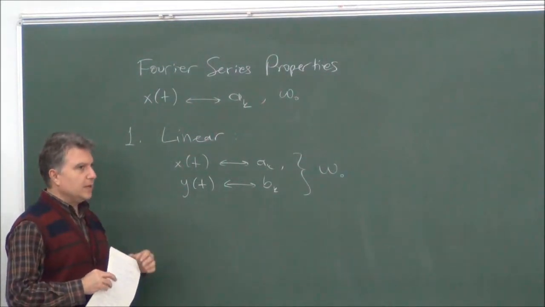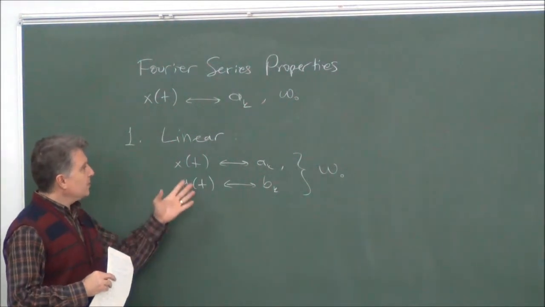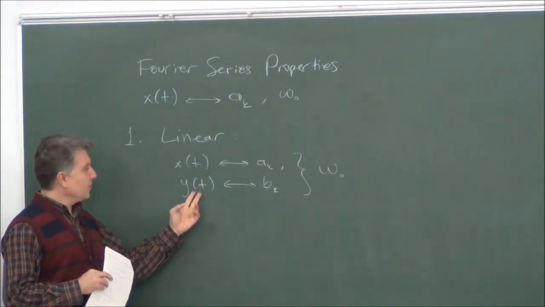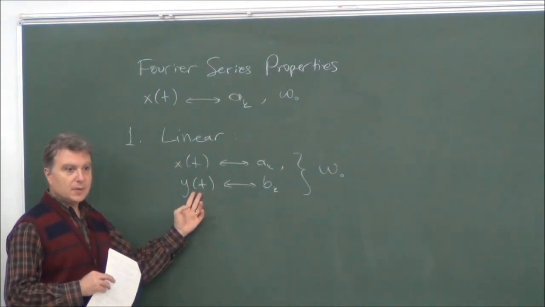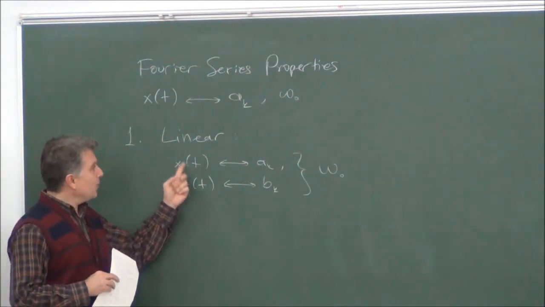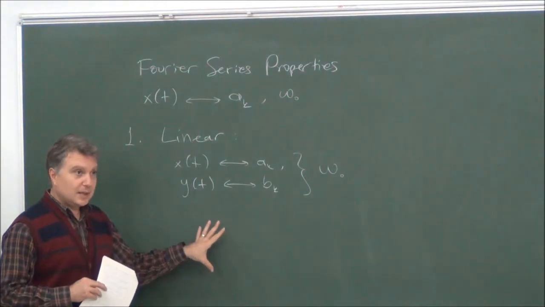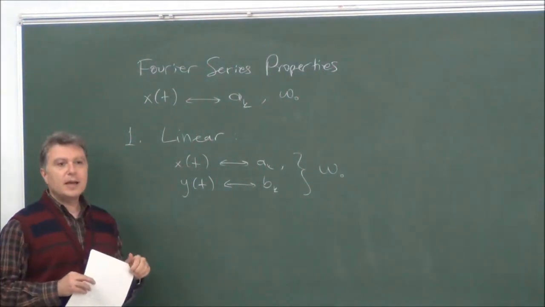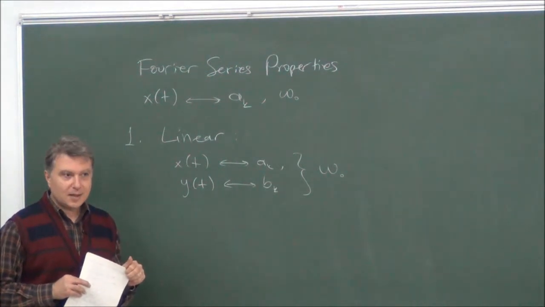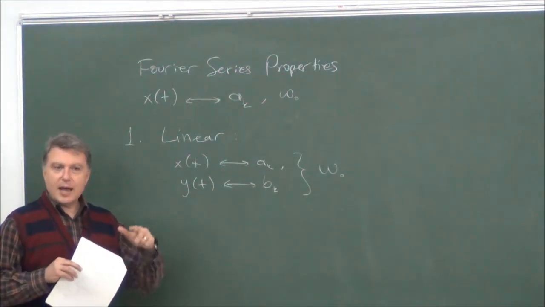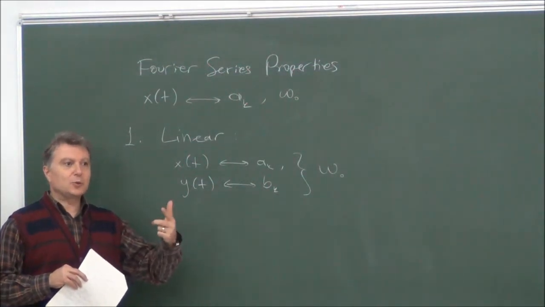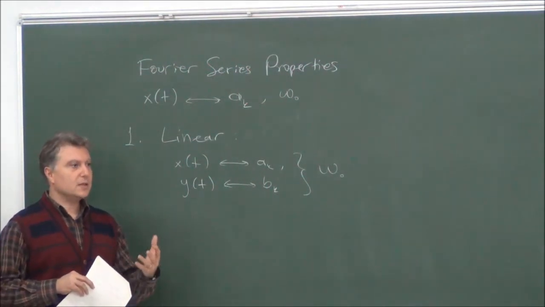So, for example, if the period of one of them is 2 and the period of this one is 3, in order to apply the linearity properties that I'm showing here, you must assume that they both have a period of 6, the common period. And with that period, the frequency will be equal to 2 pi over 6 or 1 over 6.